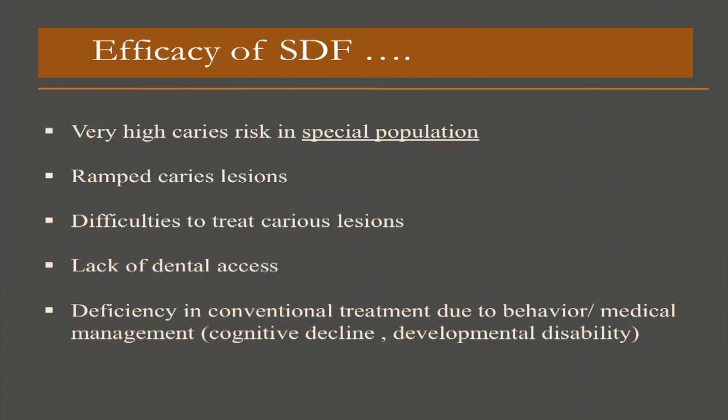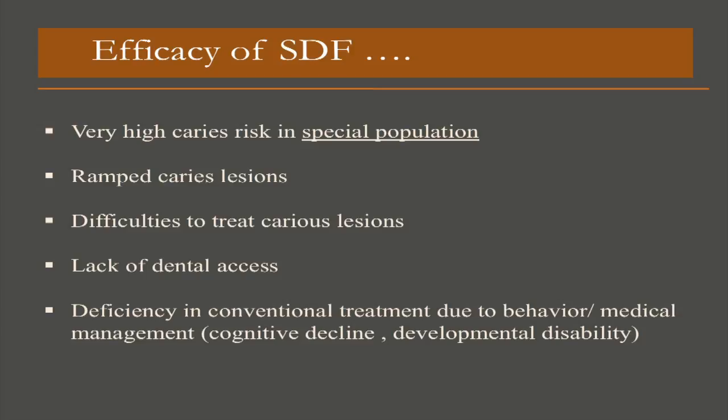The use of SDF has been applied to special populations with very high caries risk, those with rampant caries lesions, difficulties to treat caries lesions, lack of dental access, and deficiency in conventional treatment due to behavior and medical management.